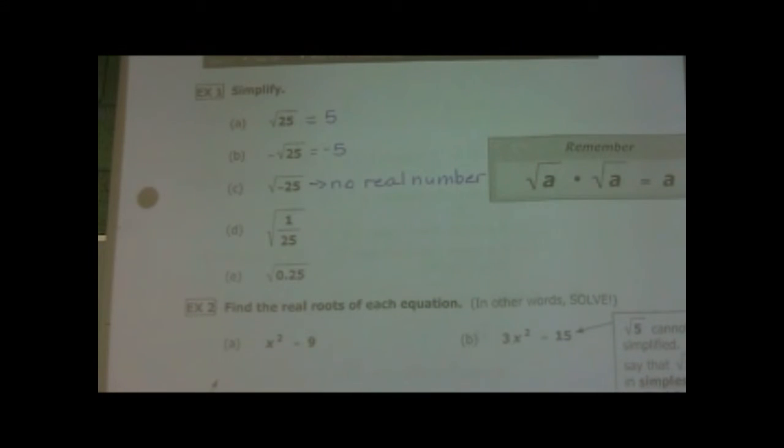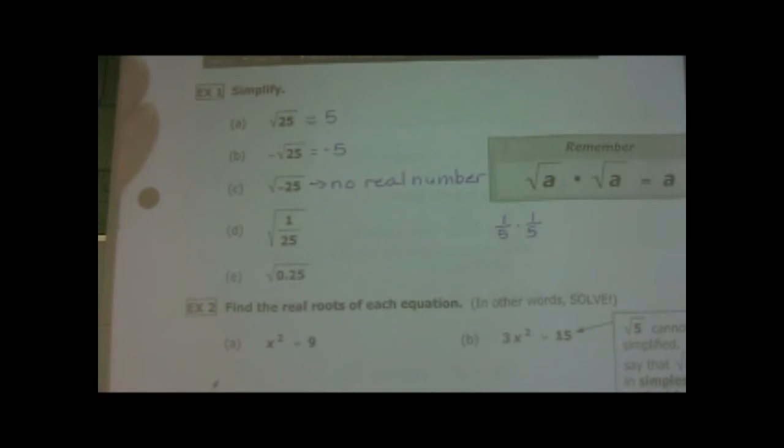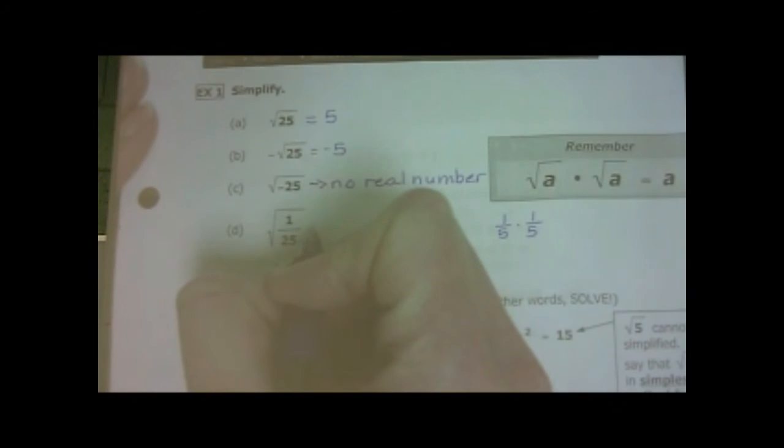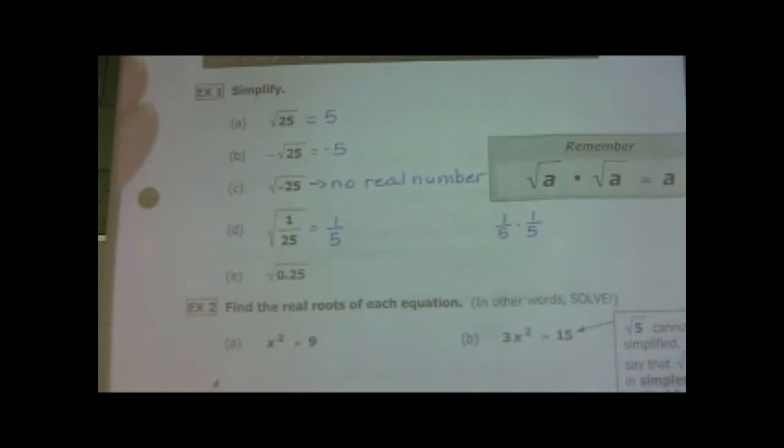Well, I know that the square root of 25 is 5, so think about this. What times itself gives me 1 over 25? Let's go to the side here. 1/5 times 1/5, multiply across the top and across the bottom, gives you 1 over 25. So the square root of 1 over 25 is 1/5.